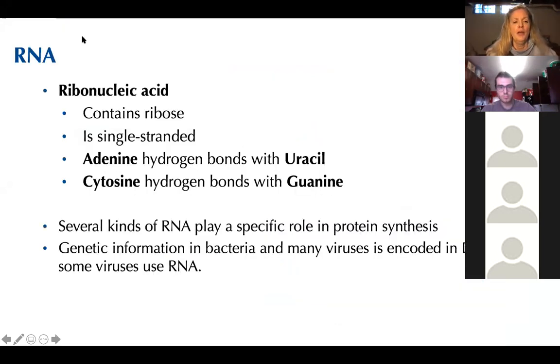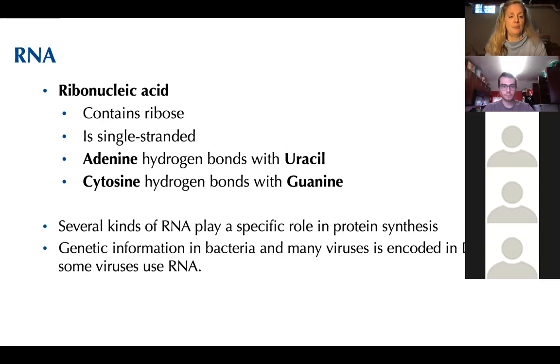Okay, so RNA is the other nucleic acid we want to be concerned with. DNA stays in our nucleus in eukaryotes. It doesn't leave our nucleus. RNA is what will leave our nucleus and take our DNA message out to the rest of the cytosol to make our proteins.